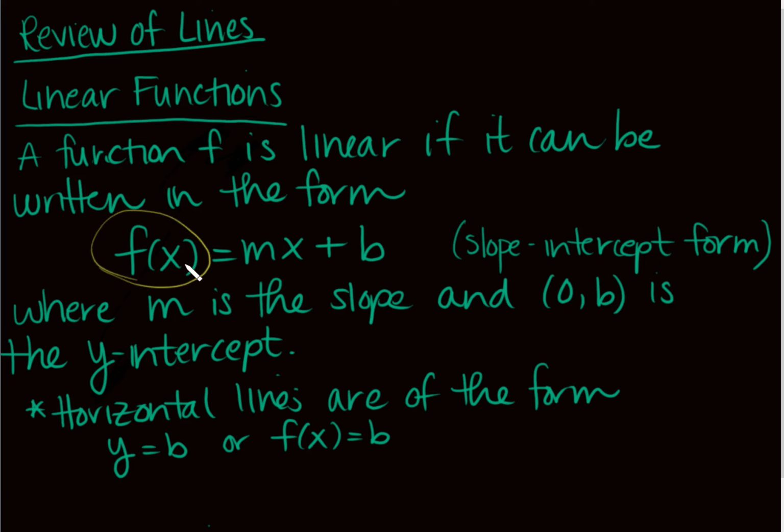However, remember, f of x is the same thing as y, right? A lot of times when you first talk about lines, we don't maybe know what a function is quite yet. And so what we want to talk about is y equals mx plus b, because that makes more sense to us when we're talking about the x and y axis. So you're welcome to use f of x, but I will be using f of x or y interchangeably when I'm talking about lines. So horizontal lines are of the form y equals b.